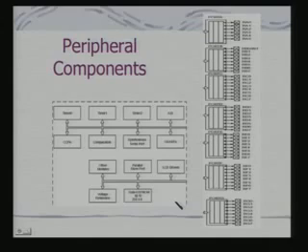I am just referring to two examples. One is LCD drivers, because typically a standalone device would require an LCD display. So on the microcontroller itself we have integrated LCD drivers, so that I can directly interface the LCD display with the microcontroller with a minimum of additional circuitry.